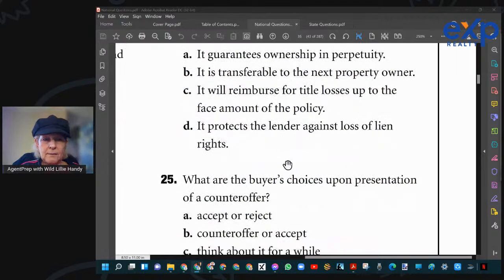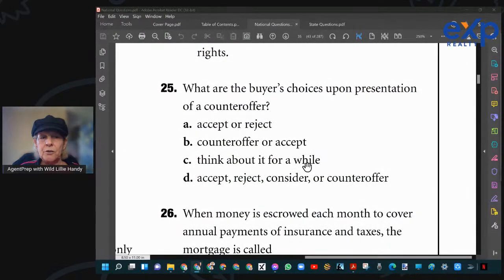All right. So this will be the last national questions, and then we'll shift into some state questions. I think that'll be 12 questions. Okay. What are the buyer's choices upon presentation of a counter offer?